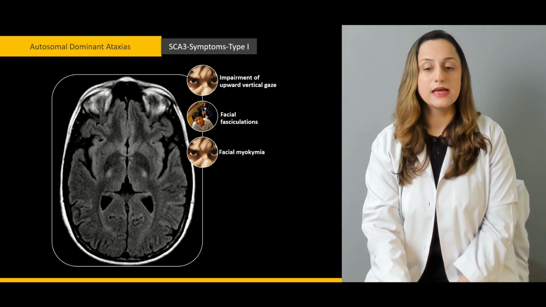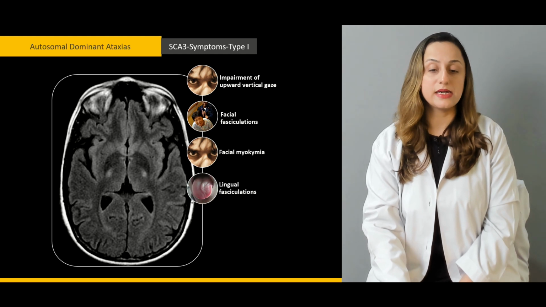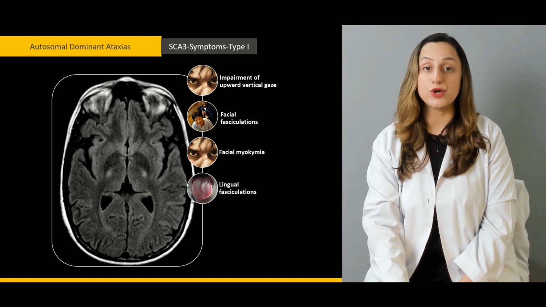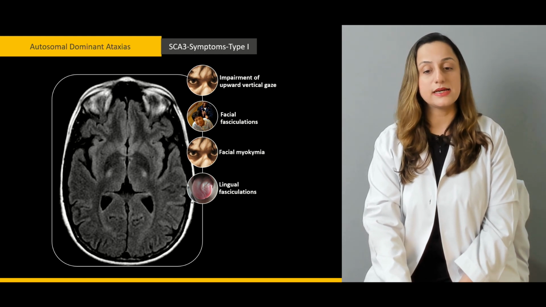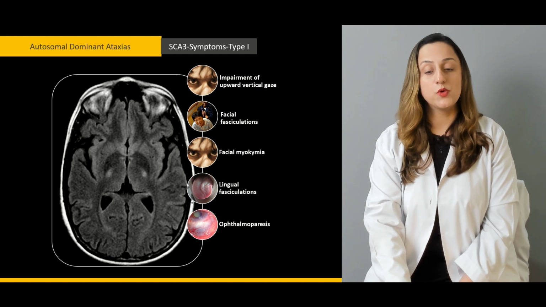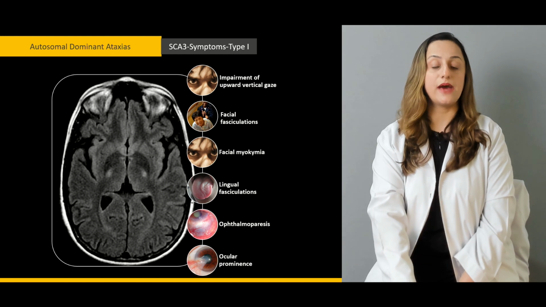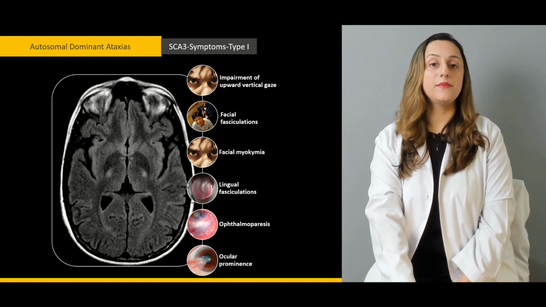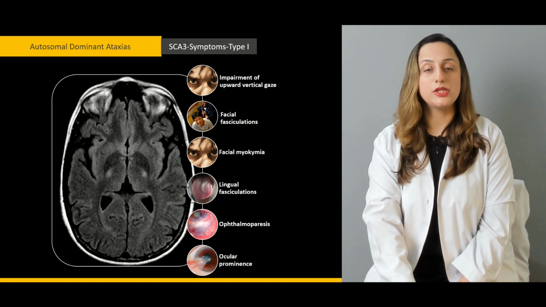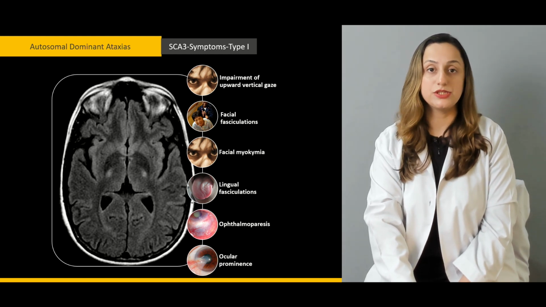Facial myokymia, and basically the distortions are known as myokymia. Lingual fasciculations, again twitching movements in the tongue. And we have the ophthalmoparesis, that is, the ocular movements are going to be disrupted. And then we have the ocular prominences. For instance, any mass can be noted when you examine the cornea and the sclera of the patient in the proper light arrangements.